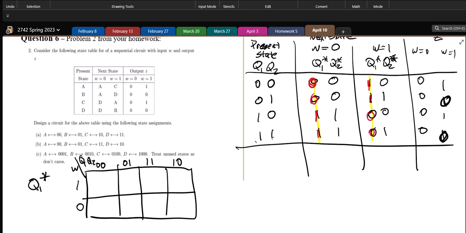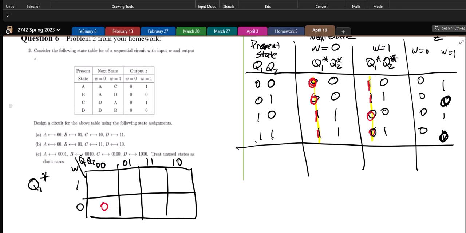So this first column here, that's when W equals 0. That corresponds to the bottom row of my Karnaugh map. The top 2 numbers on my Karnaugh map are Q1 and Q2. So when Q1, Q2 is 0, 0, and W is 0, then Q1 star is 0.